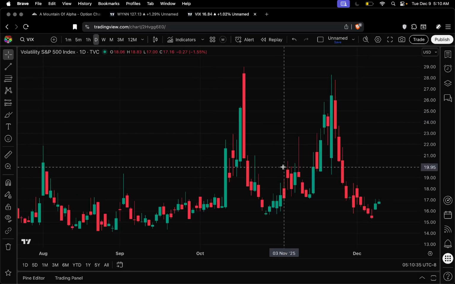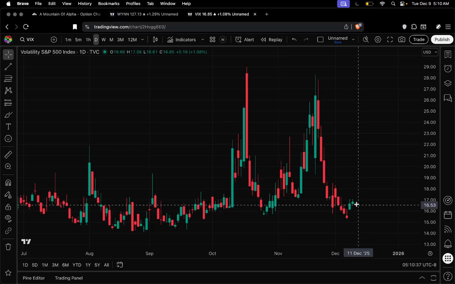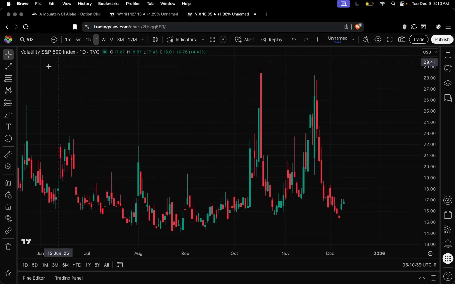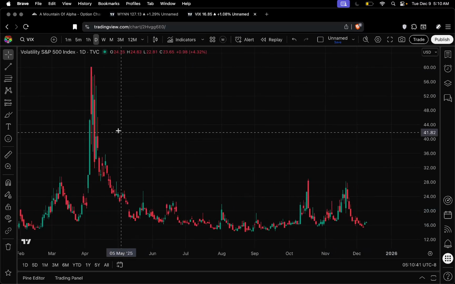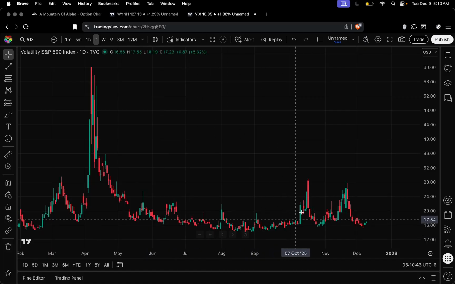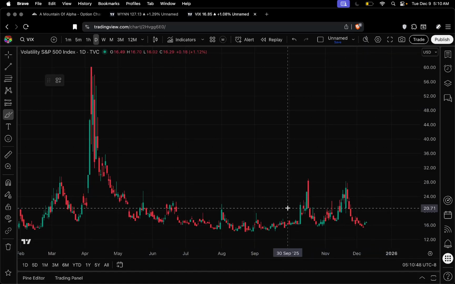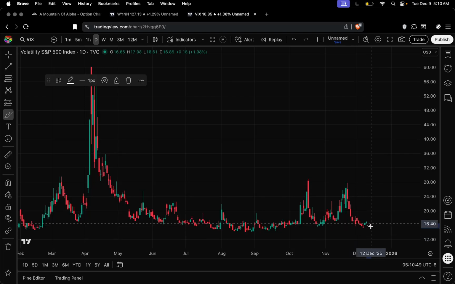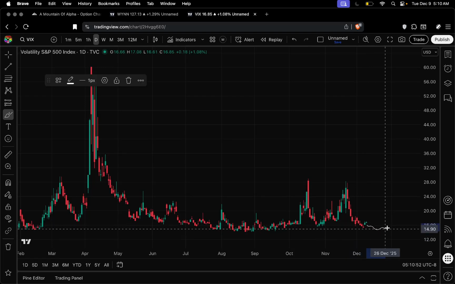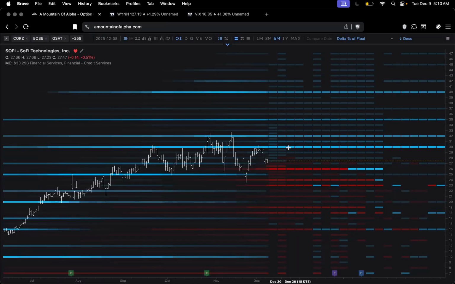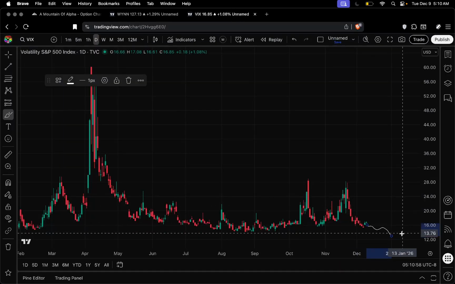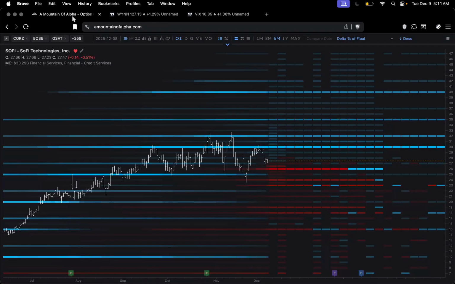Before, if volatility suppresses, you can see the suppression of vol here, increase in vol here, increase in vol here. Maybe it's going up again. Who knows, right? But if you get this suppression into the end of the year in volatility, and SoFi is not above 30, well, you can expect that volatility is going to come in, and then all of this will act as resistance.